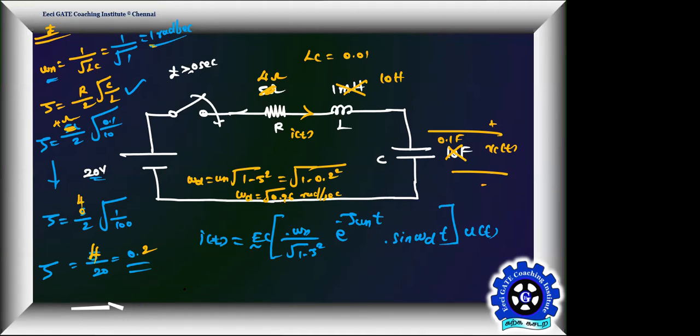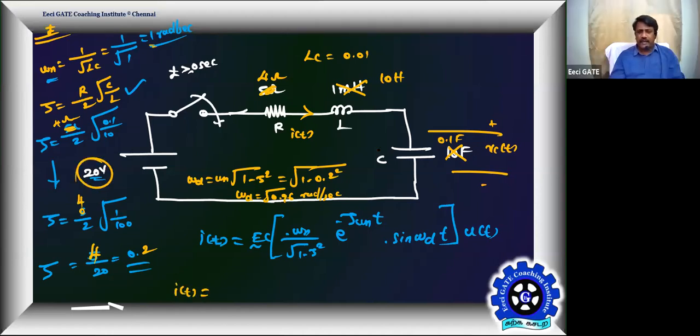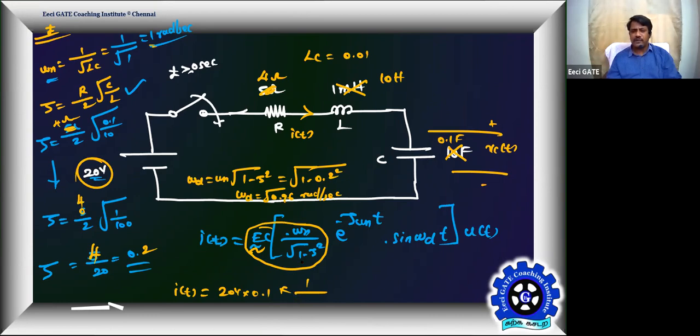Yes, sir. Then the current I of t is going to follow this. E is 20 and the capacitor is 0.1. So 20 into 0.1, take that as a magnitude. This is your magnitude. Remember, calculate your magnitude. 20 volt into 0.1, omega n is 1 divided by root of 1 minus zeta square.